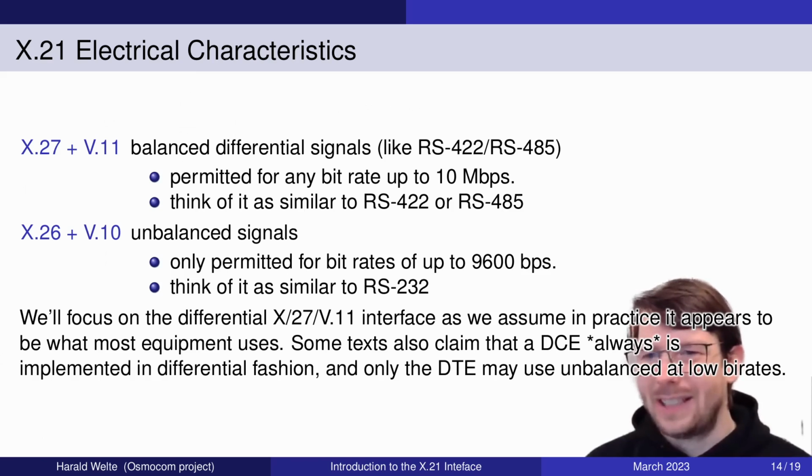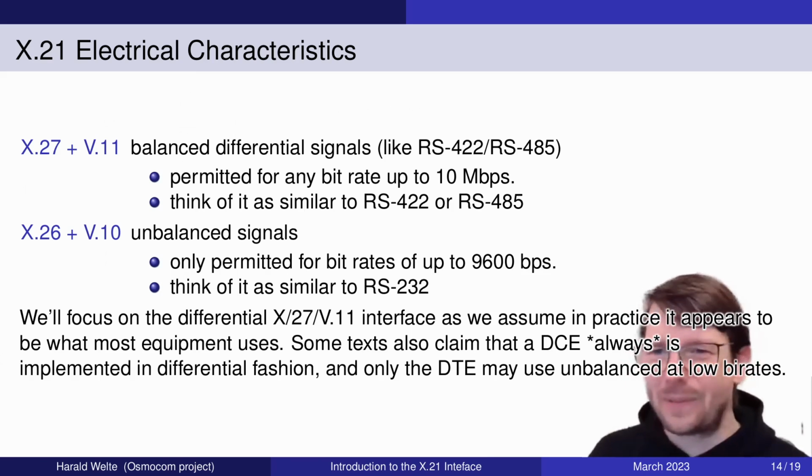And actually, it's intended to be interoperable. So you can use a balanced DCE with an unbalanced DTE. But in practice, this probably has caused quite a number of problems, as you can find from some articles about issues with signal integrity and having to put series termination resistors into the lines if you have interoperability problems between those two versions.